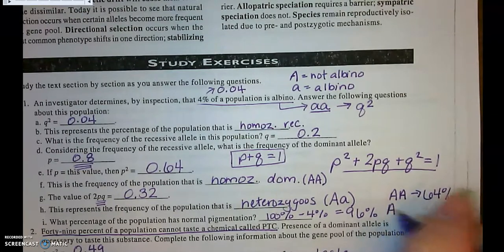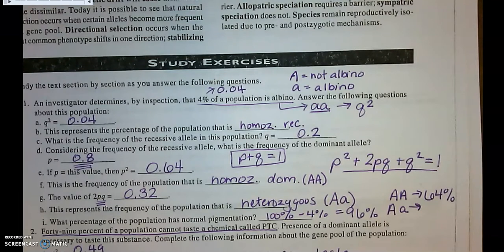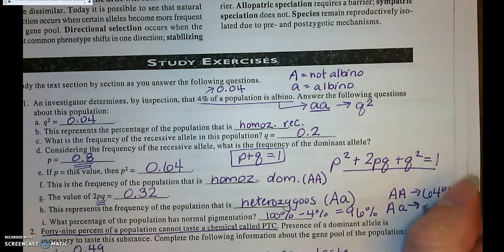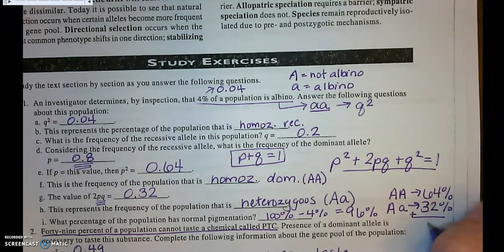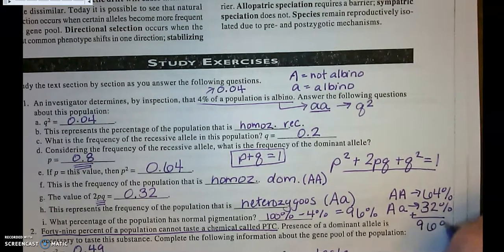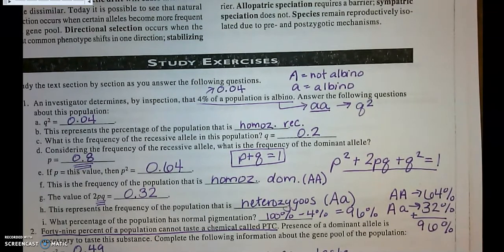Also, the genotype capital A lowercase a, or the heterozygous genotype, would also give you normal pigmentation. So here we know that that would be 32%. If we add that together, we get the same answer, thankfully, of 96%. So there's two ways you can figure out that question.